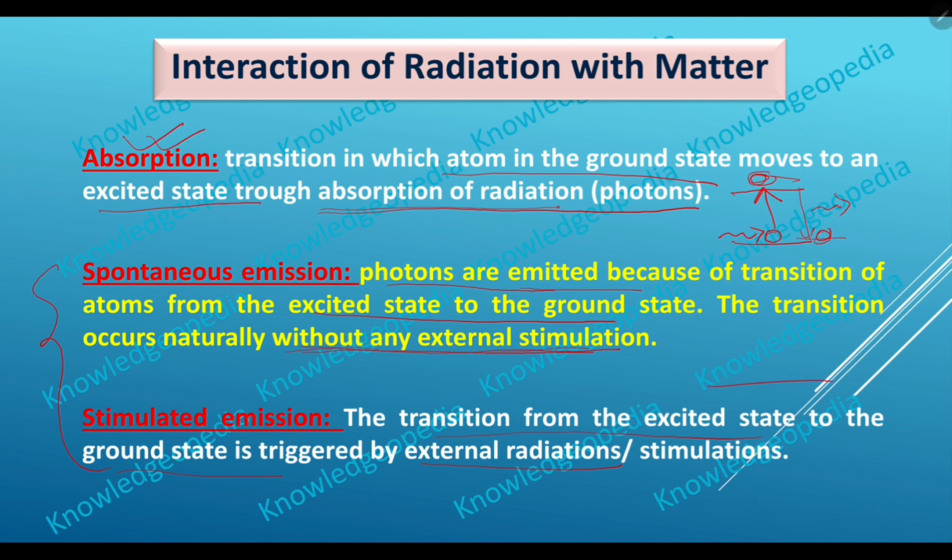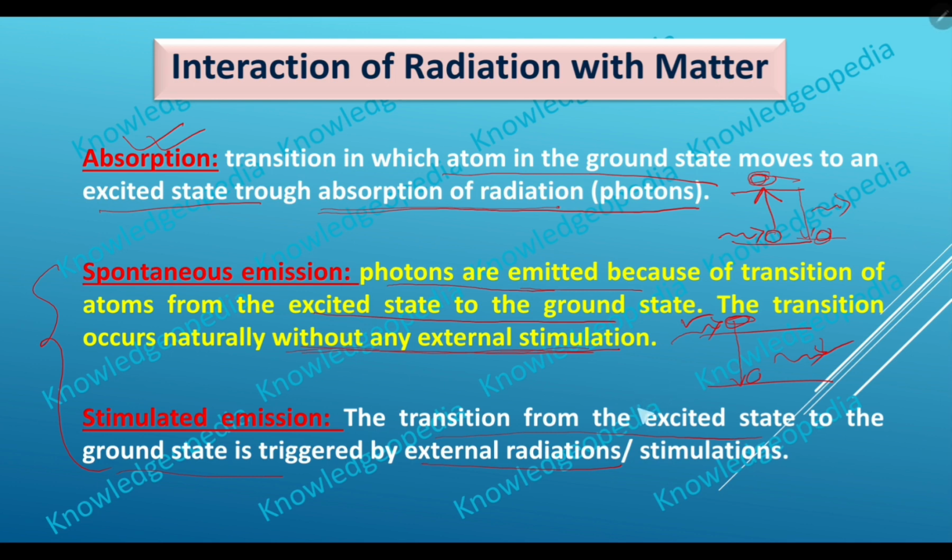So in this case, when the atom is in the excited state, if some photon triggers this excited atom, it will come back to the ground state by emitting a photon, and both photons are in the same phase, right? So this is what we have seen in the previous video.